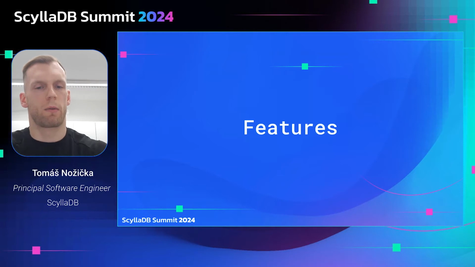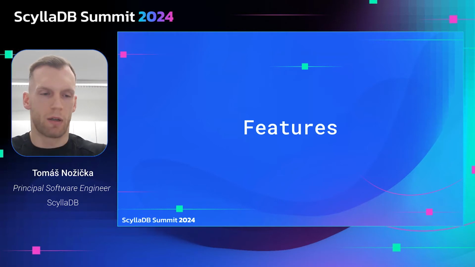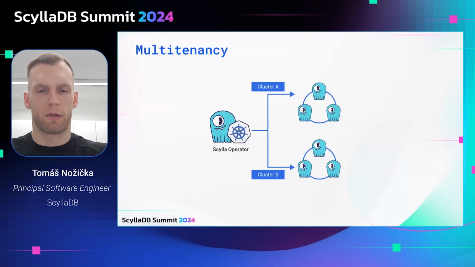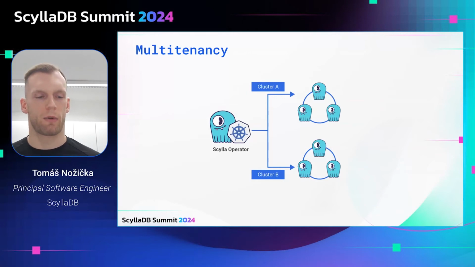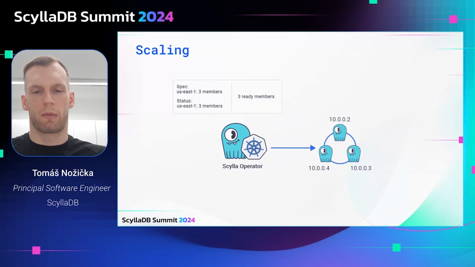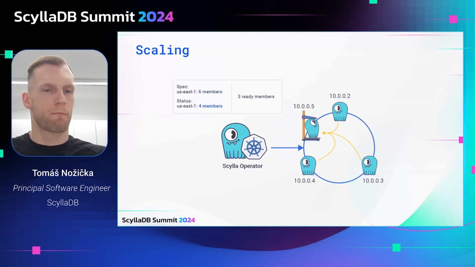With that, we can go into some of the features that the operator has. There's just a brief overview of some of the old ones, and we will get to what's new as well here. So first one that almost any operator on Kubernetes has by definition is multi-tenancy, which means you deploy just one Scylla operator in your Kubernetes cluster and can create and manage multiple ScyllaDB clusters within it.